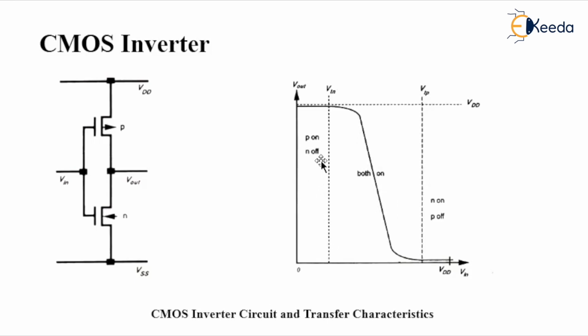Under the state from 0 to logic 1, the PMOS is on and the NMOS is off. When it is changing from 1 to 0, the NMOS is on and the PMOS is off, which I have written here. Between these two states there is a transition state, and under that transition state both are in saturation and both are turned on.